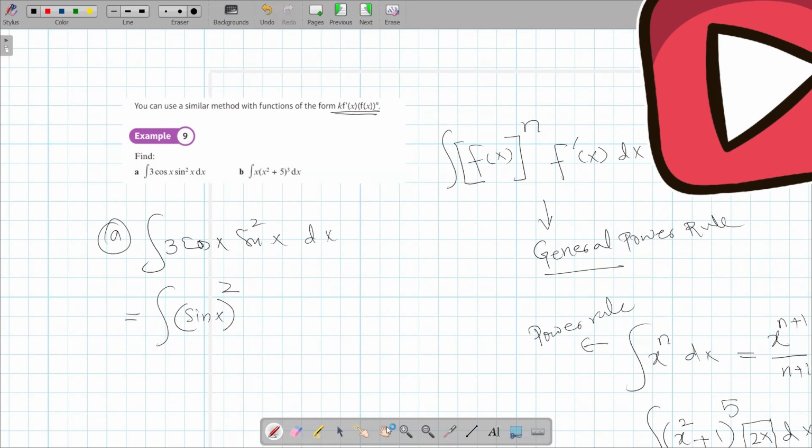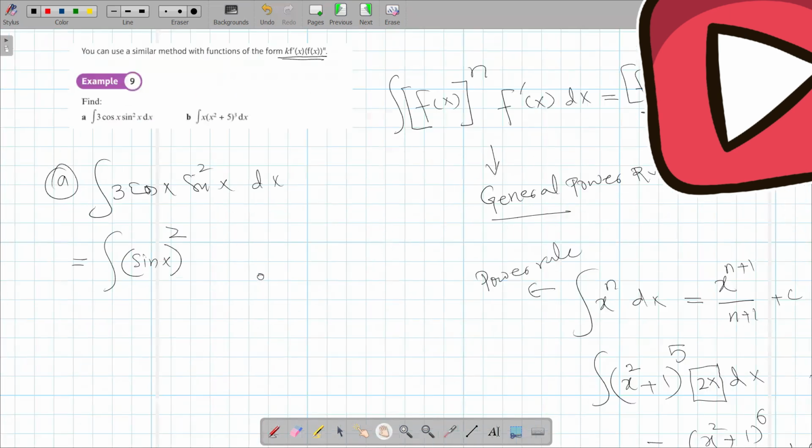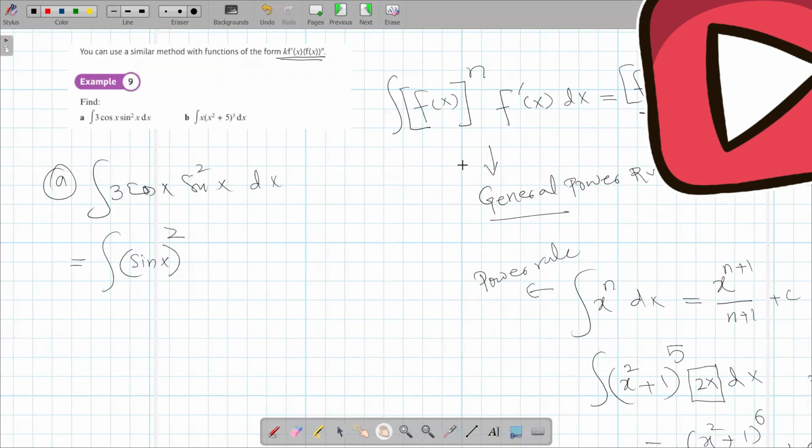Tell me what is the derivative of sin x? Cos x. So cos x is available here, and I will put cos x here. What is the role of this 3? Nothing. So you can take it outside.